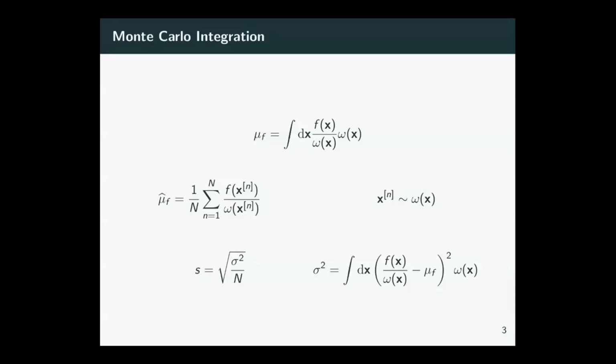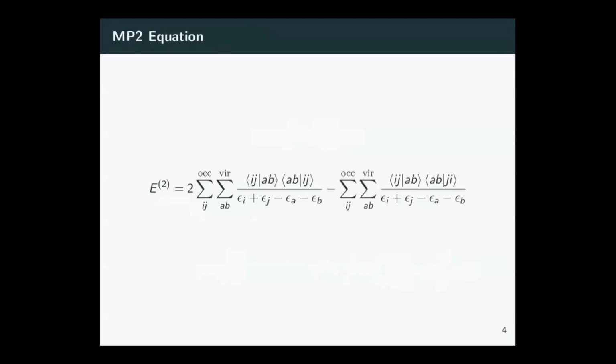From this toy problem, we see that the two requirements to perform this type of Monte Carlo integration are to have knowledge of our integrand f, as well as establish a suitable sampling distribution omega. All of the MCMP and MCGF methods have a very similar construction, the simplest being MCMP2.